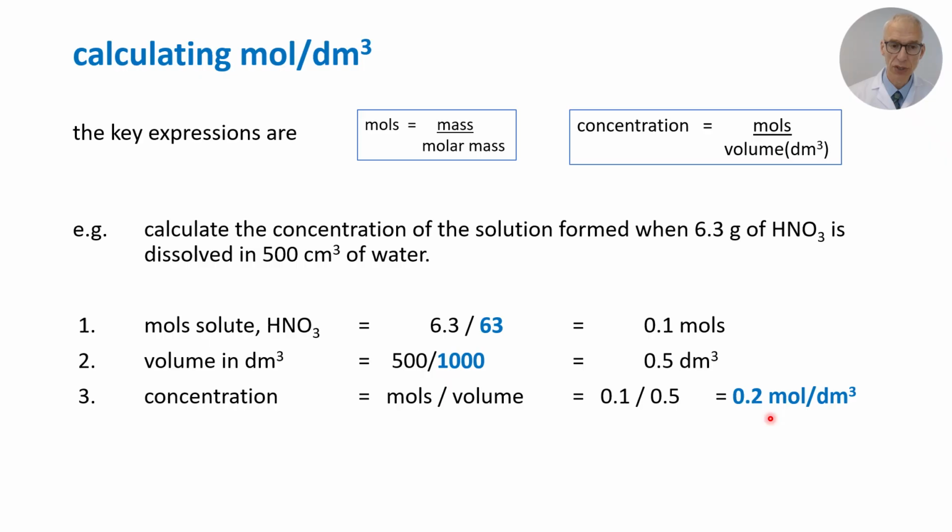So standard procedure: convert the mass of solute into a number of moles, convert the volume, if it is in centimeters cubed, into decimeters cubed, divide the number of moles by the volume to give you the concentration in moles per decimeter cubed.